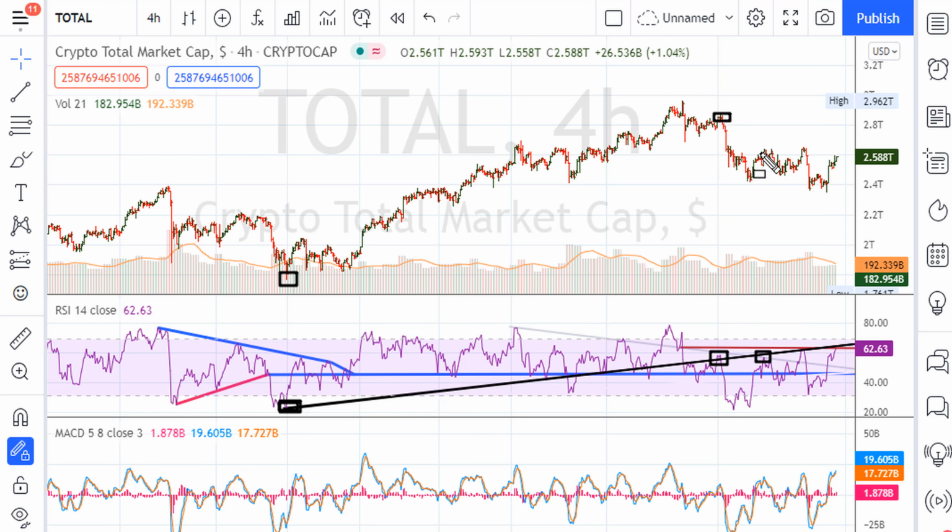We come close here, which is this rejection area, and again coinciding with that red line, rejection here. And now we can see that it is where the RSI is trading.